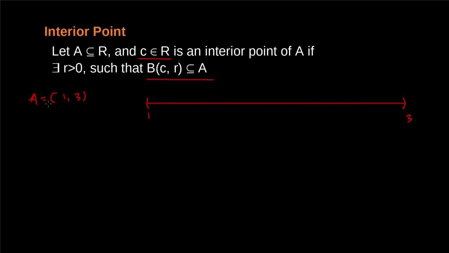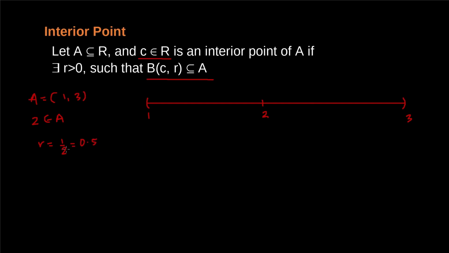Take a point, let's say 2, which belongs to the set A. This point 2 is an interior point of A, because for this 2 we can create a ball with radius greater than 0. Let's take R equal to 1 by 2, which is 0.5.